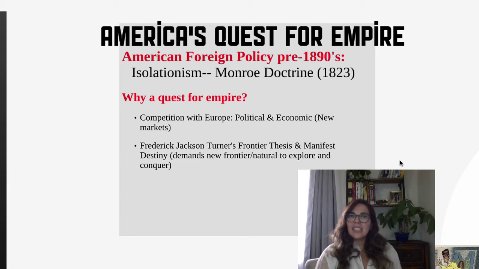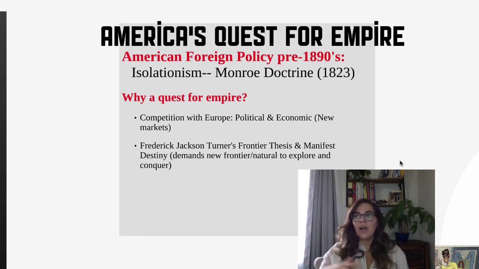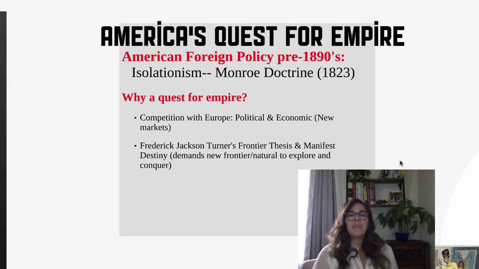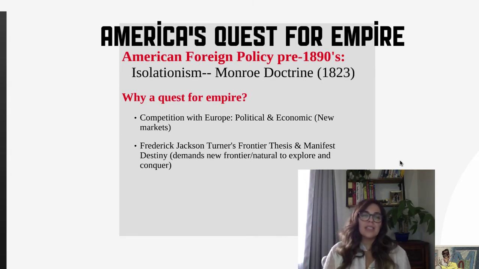It's essentially this idea, this belief that God had chosen the United States, the American people, to encompass this whole continent, from sea to shining sea, and that it was God's plan, and Americans were all for it, okay? So by the time we get to this time period, that sentiment is not dead.